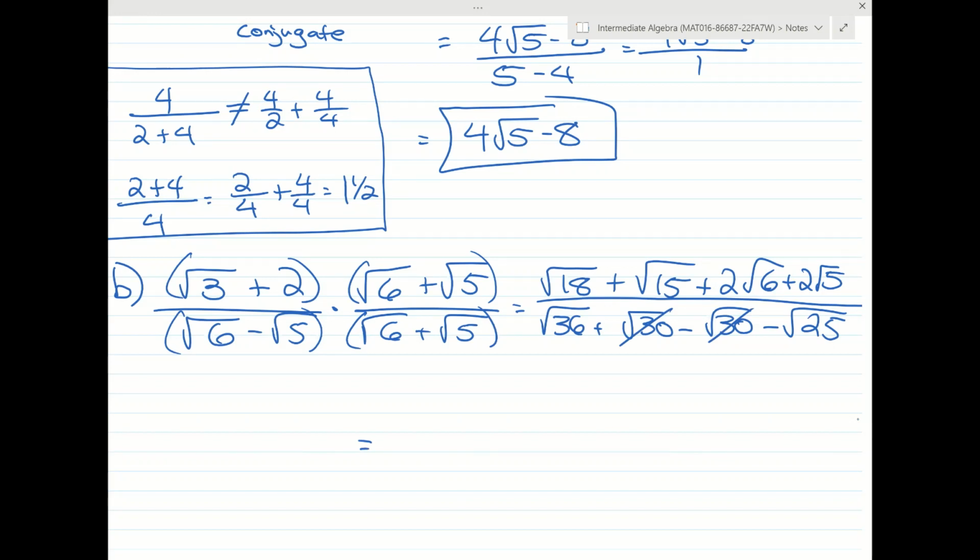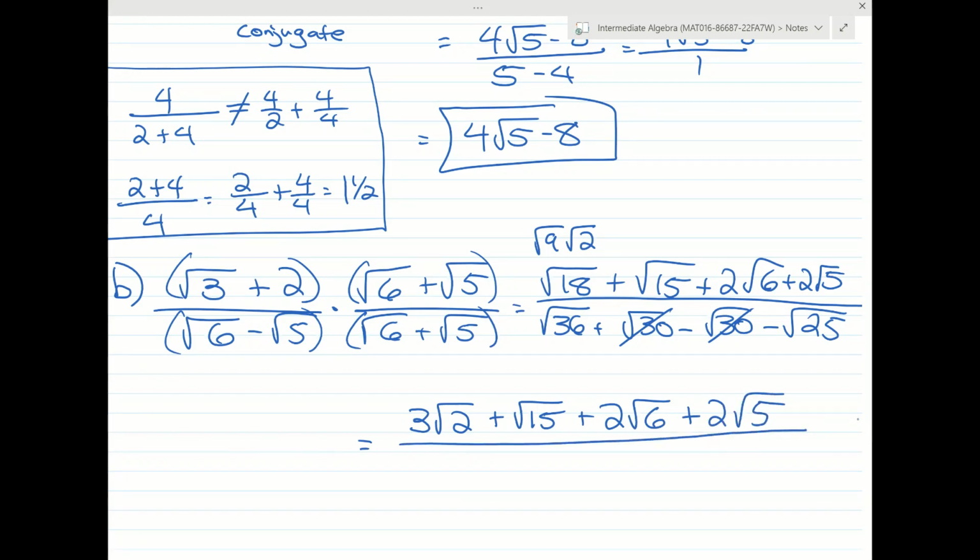So let's see what we get. On top, we have the square root of 18, which is just the square root of 9 times 2, or 3 root 2. The square root of 15 doesn't simplify. Neither does 2 square root of 6, and neither does 2 root 5. So the top is just this mess. The bottom, we get 6 minus 5, or just 1.